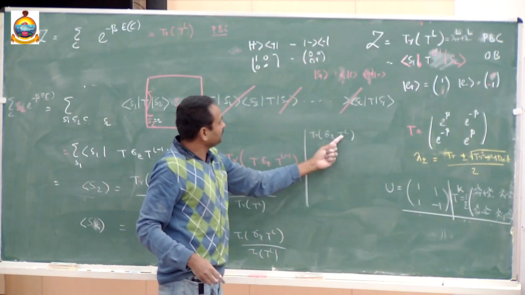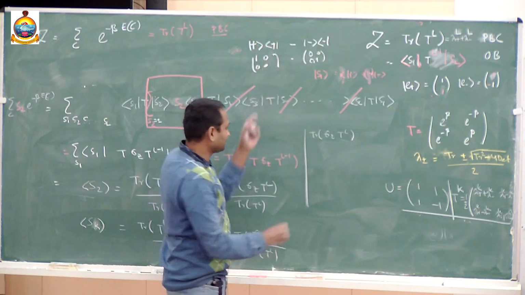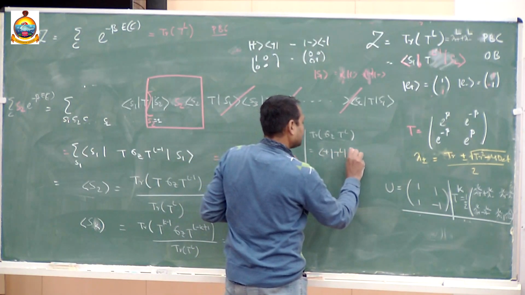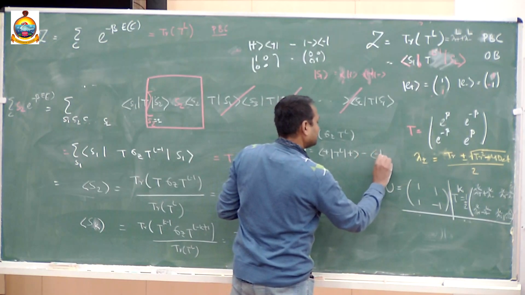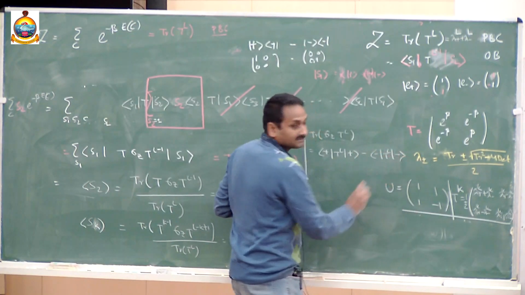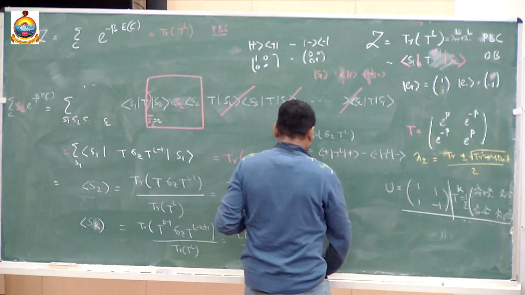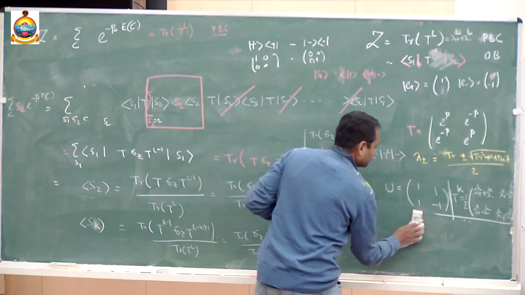So T to the power L, if I put plus plus, this is equal to plus T to the power L plus, minus minus T to the power L minus. You agree with that? I just fed in sigma z.